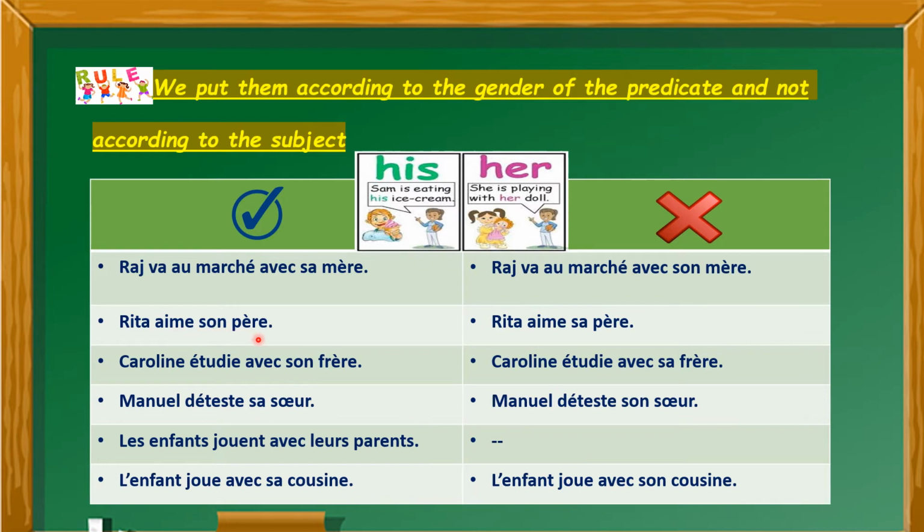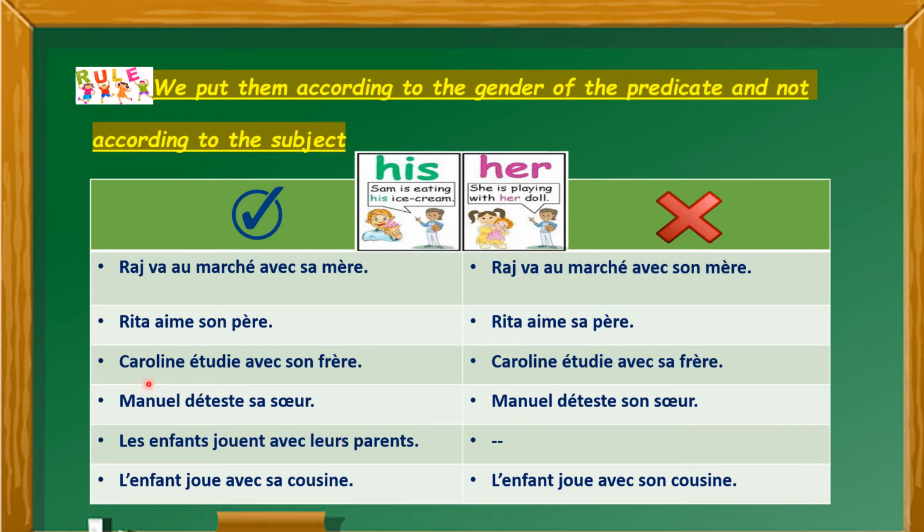As per French, we have to put it according to the object or predicate. The predicate here is father, that's why we are putting son here. We don't have to look at the gender of our subject. The wrong sentence in French is Rita aime sa père, though it's correct in English grammar.